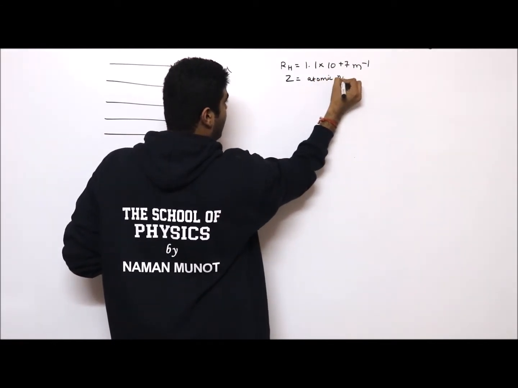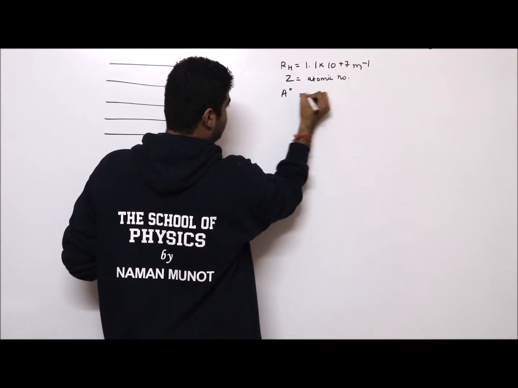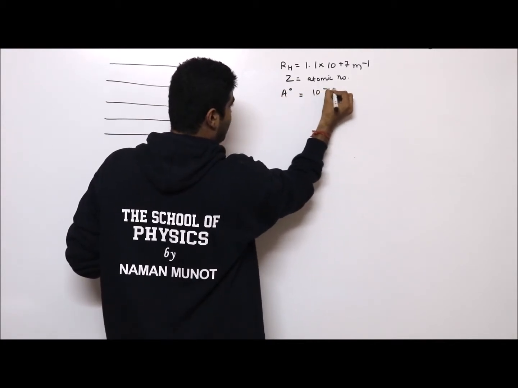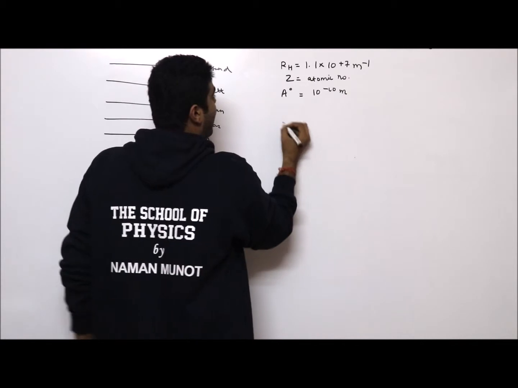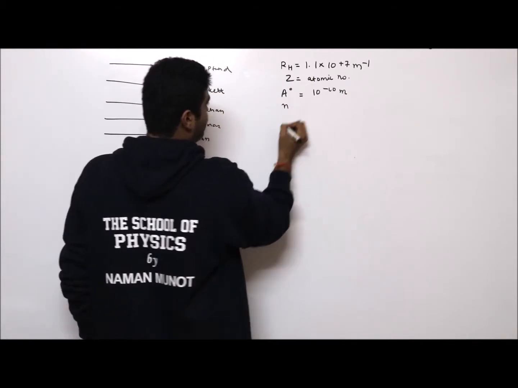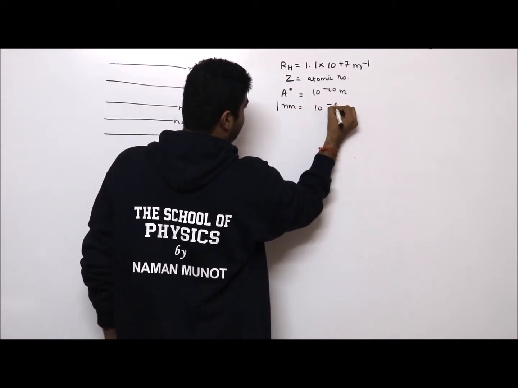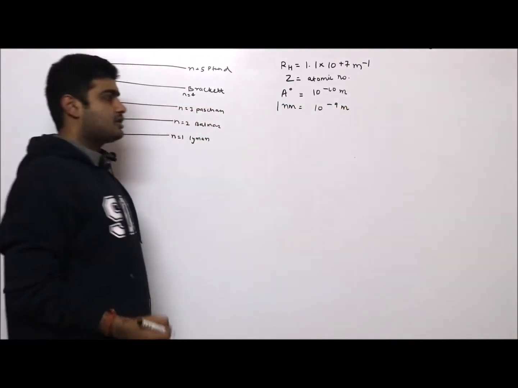An Angstrom in meters is 10 to the power minus 10 meter, and 1 nanometer is equal to 10 to the power minus 9 meter. You have to remember this because these will come in exams.